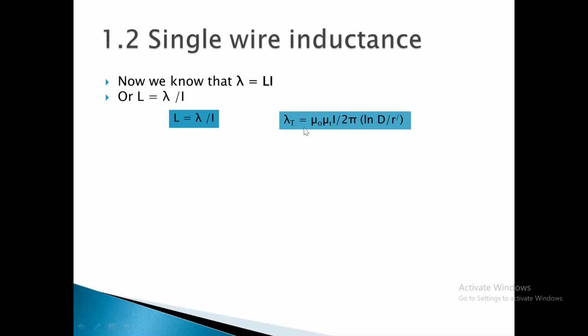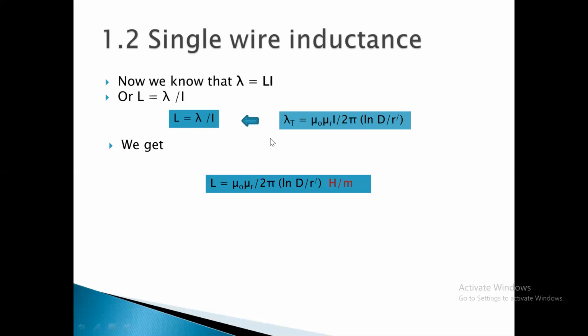I will put this value here, and then you will see that this I will be cancelled out with this I, because this is lambda divided by I. All the other things will remain the same. In this equation there are only two values, lambda divided by I. I will put this value here, and then I will be cancelled with I, and then we will not get current in the inductance value.